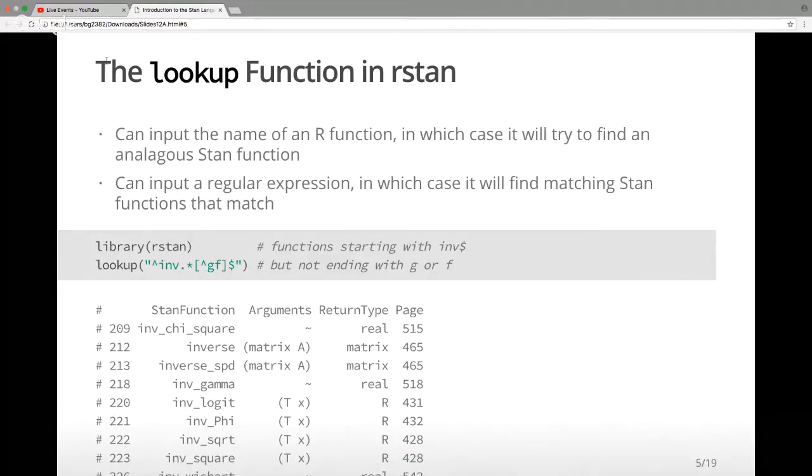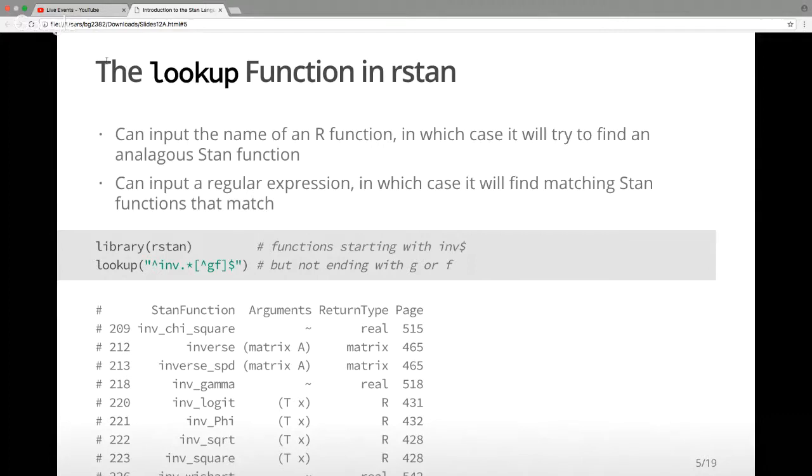I think I mentioned this before, but the RStan package has a lookup function named lookup, in which case you can input the name of an R function, and it will try to find the most analogous Stan function for you, or you can input a regular expression, in which case it will find all matching Stan functions.